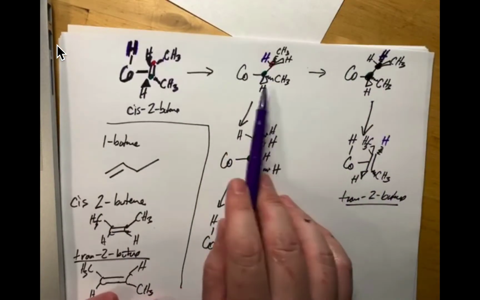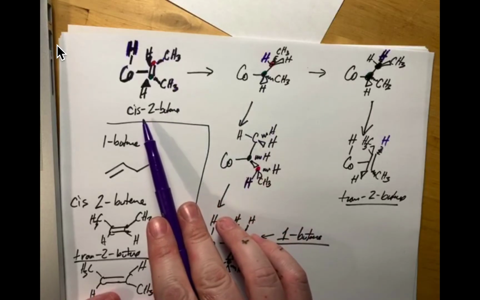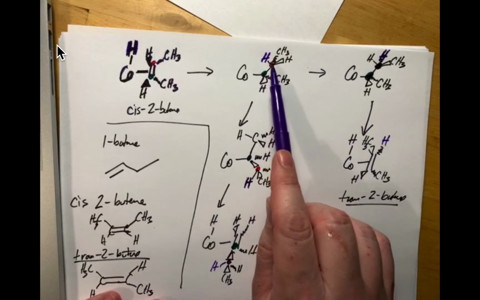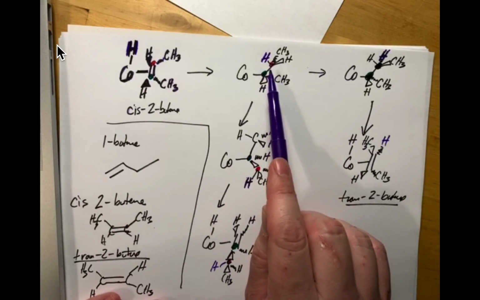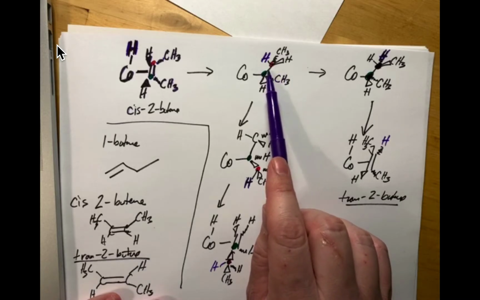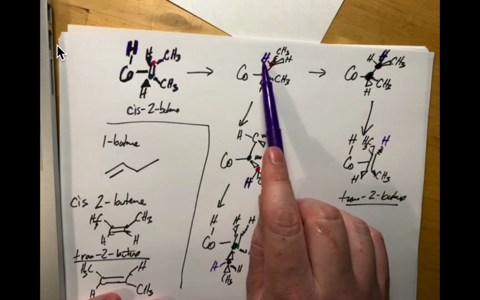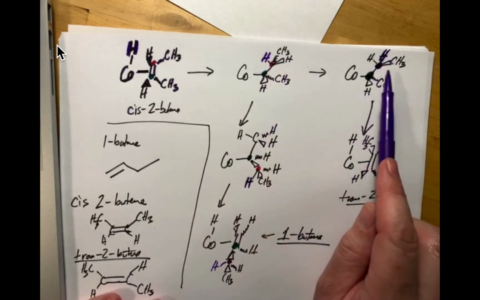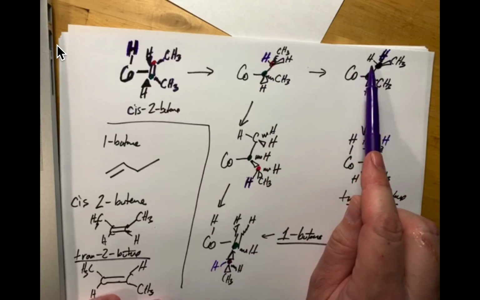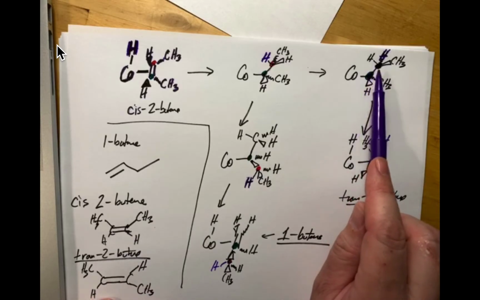Probably the easiest one to talk about is cis-2-butene to trans-2-butene, because once we have this carbon-carbon single bond here, we have free rotation around a carbon-carbon single bond. So that rotation happens. This purple hydrogen rotates around to the back, and this other hydrogen here, the one that's black, rotates toward the metal. This is a beta hydride elimination.